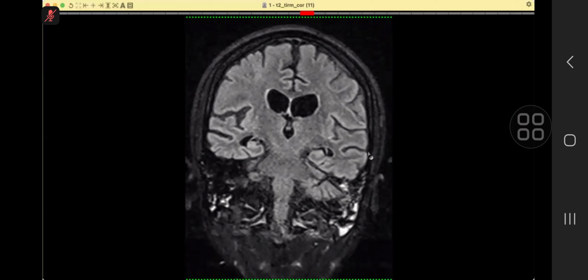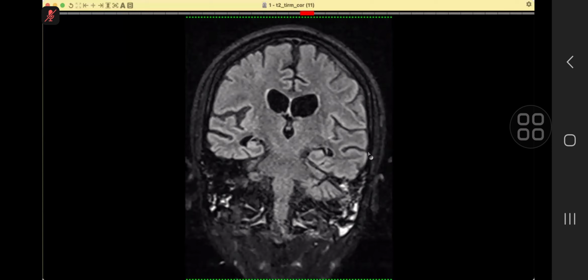GCS, Glasgow coma scale, is low for the last 10 days. He is not completely unconscious, but he is in great pain, even back pain. So an MR of the brain and the spine has been performed. I want you to concentrate on the brain only.